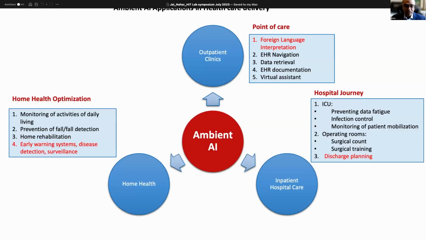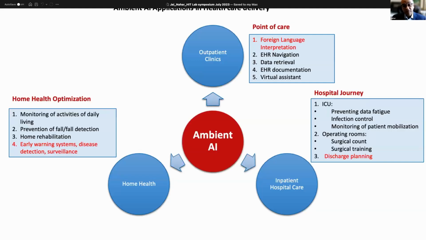Nowadays with ambient AI technology and integrated GPT-4 and the newer advanced large language models, there is integration of seamless foreign language translation and interpretation services, which can help with one aspect of the disparity which can happen.